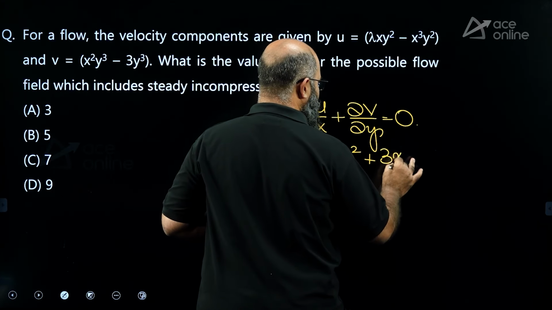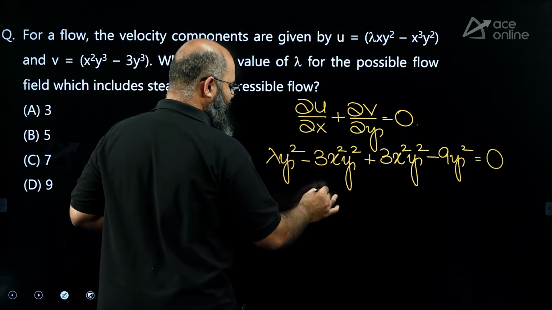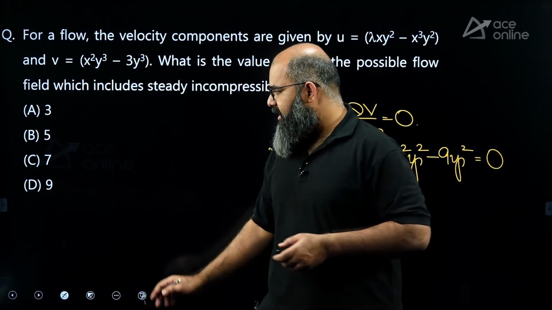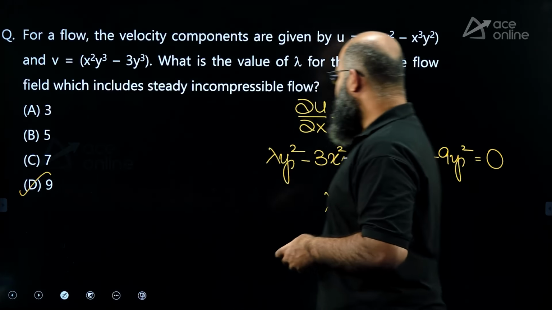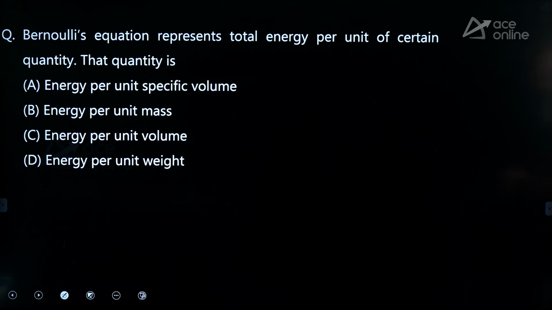This has to be equal to 0. Now from here you see the second and third terms will cancel off. For the first and fourth to cancel off, lambda must assume the value of 9. So the correct answer over here is option D, lambda is equal to 9. Next question over here.